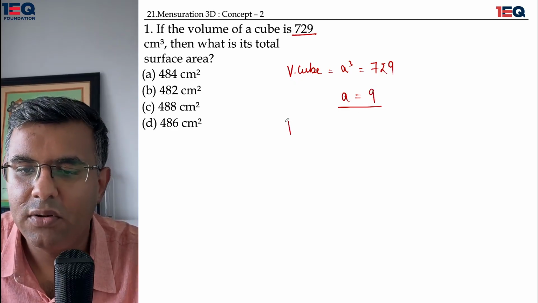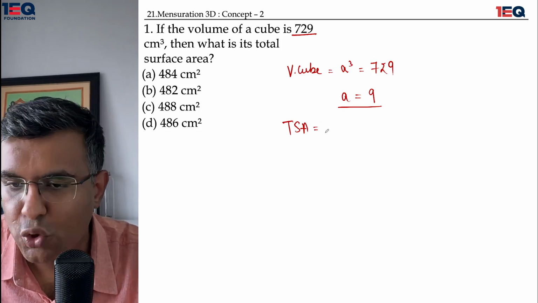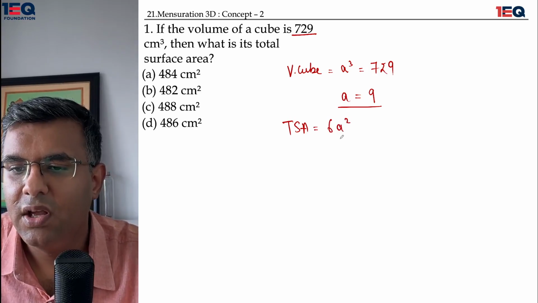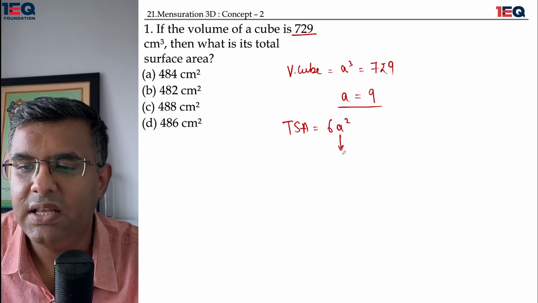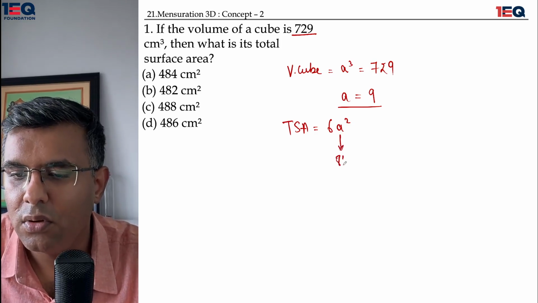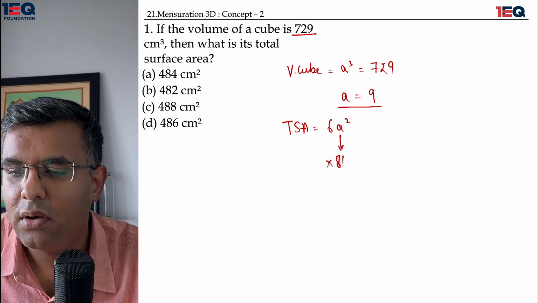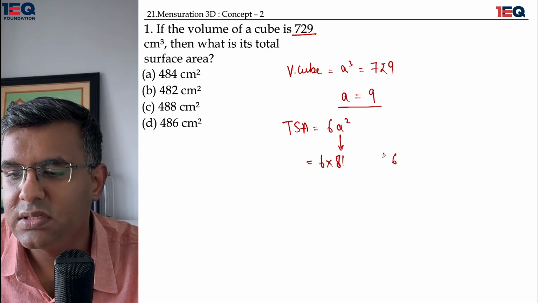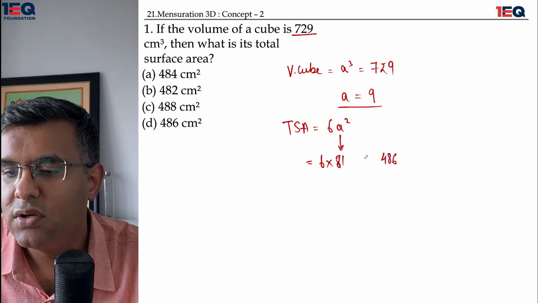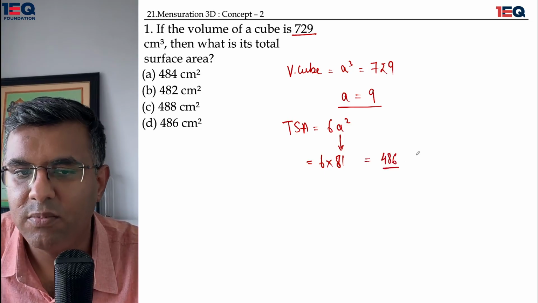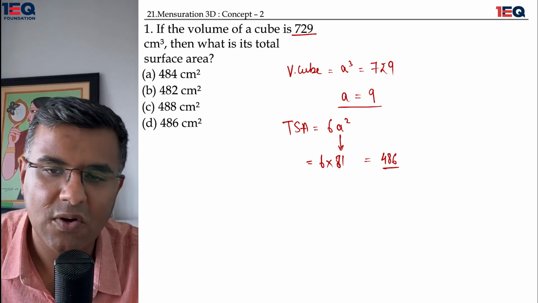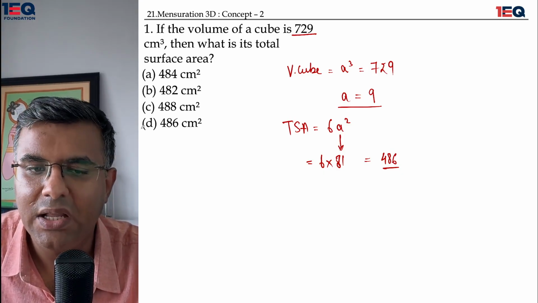Now we need to find the total surface area. The total surface area of a cube is 6 times a square. 9 square is equal to 81. This would be multiplied by 6. So 6 ones are 6, 6 eights are 48. So 486 would be the total surface area of a cube whose volume has been given as 729.